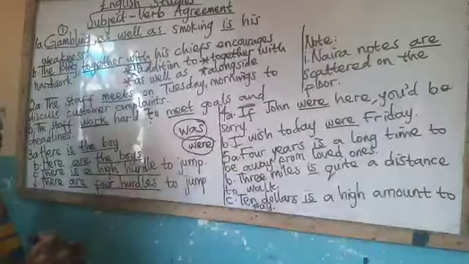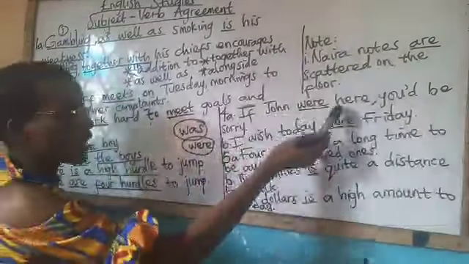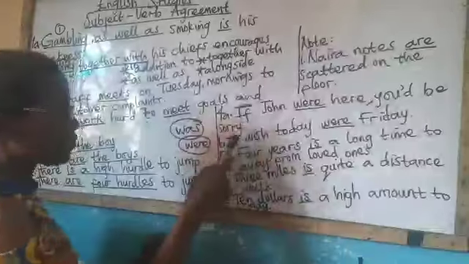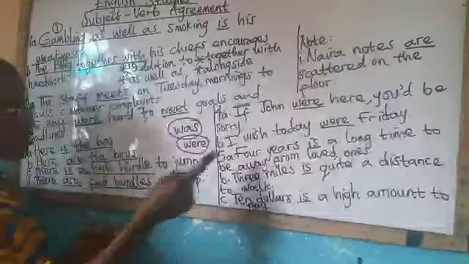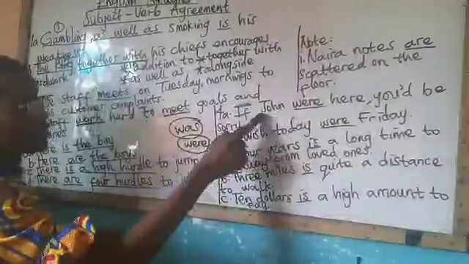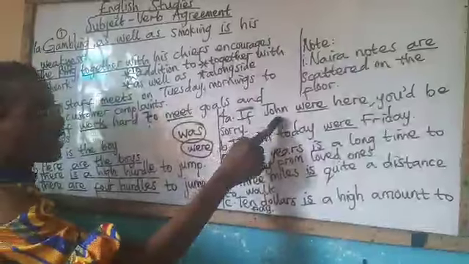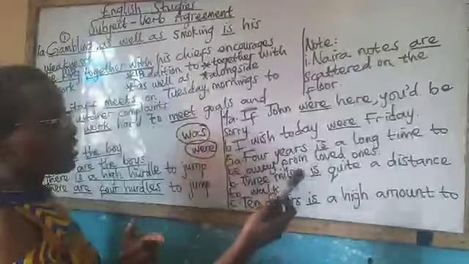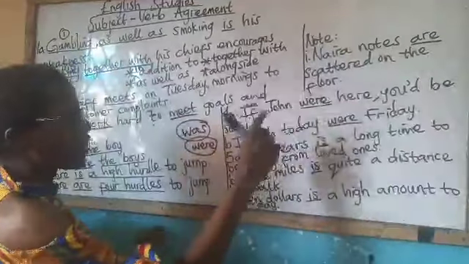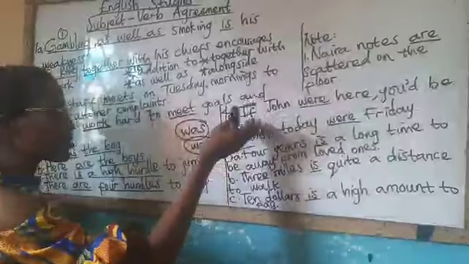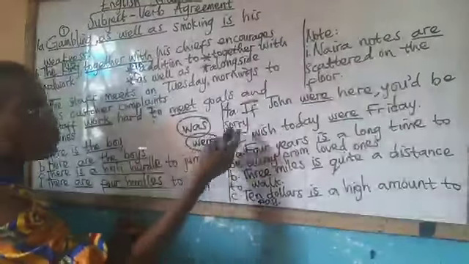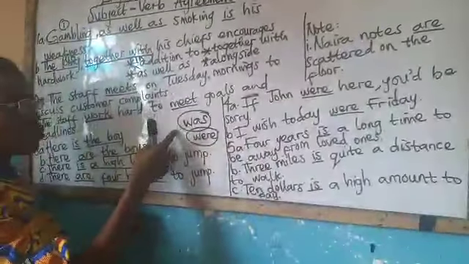And so we have examples like: if John were here, you'd be sorry. In the real sense of it, John is a singular subject, and the verb to use would have to be was. But because this statement is in the subjunctive mood, we have to replace the verb was.